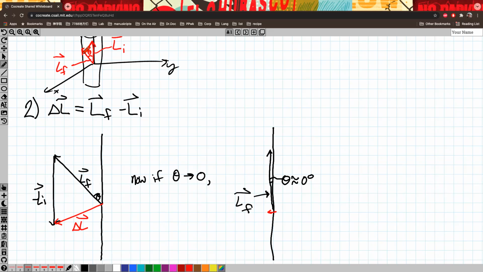Okay, so the change in momentum is in the negative y direction. Yeah, that makes sense.